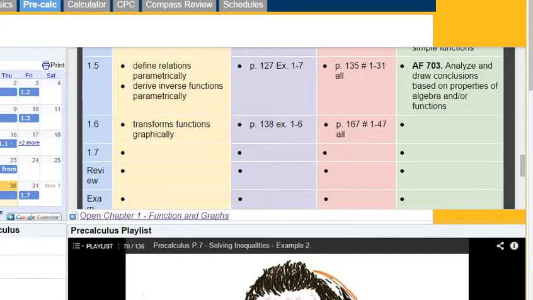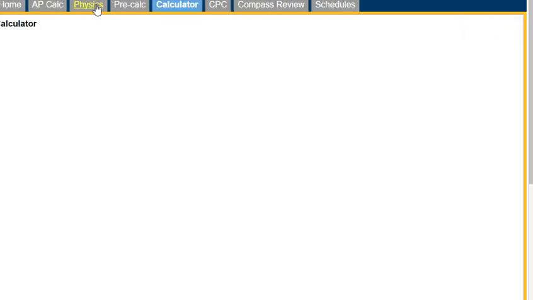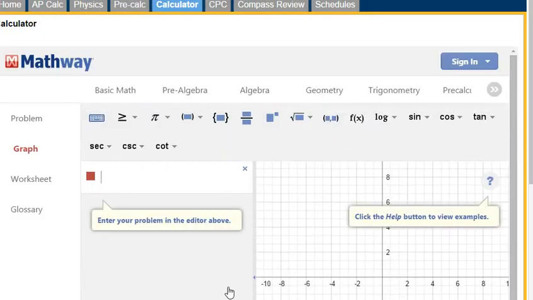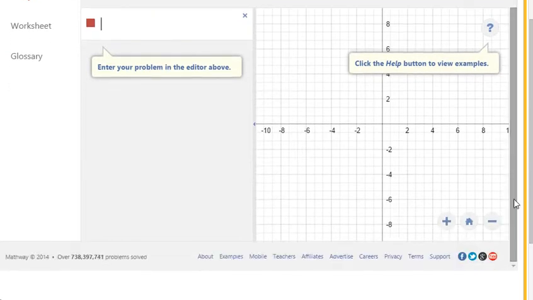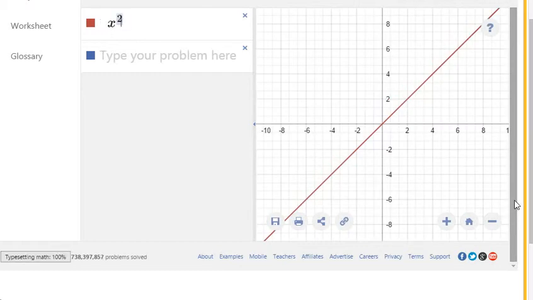So how can I determine that? Well, I'm going to have to graph it, right? I'm going to use my fancy calculator here. I like using this calculator because it kind of graphs it as you enter in the information.